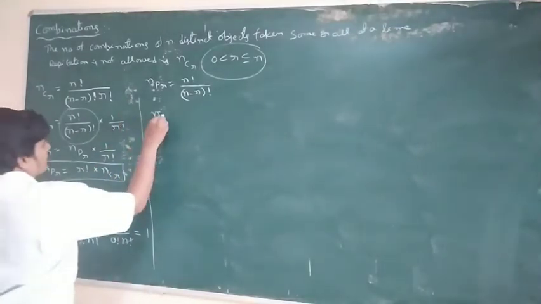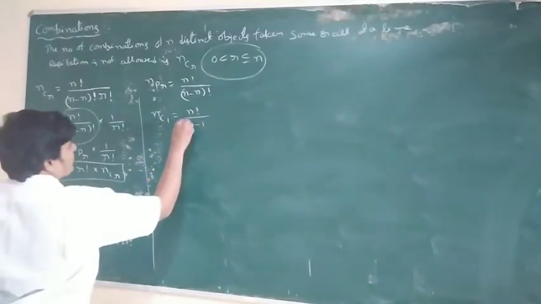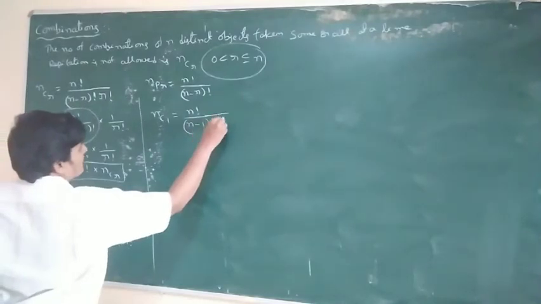So nC1 is equal to n factorial by (n minus 1) factorial into 1 factorial.